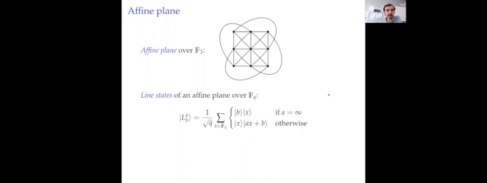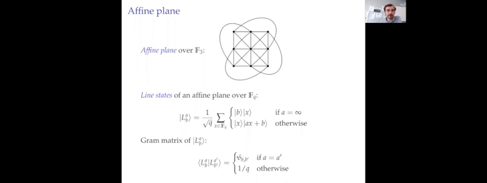Now, the reason these line states are interesting is that the inner products between them, or the Gram matrix, look very similar to this MUB matrix. If you take two line states that have the same slope, then these lines are parallel. If I take, let's say, these two horizontal lines, then their points are completely disjoint, so they have inner product 0.